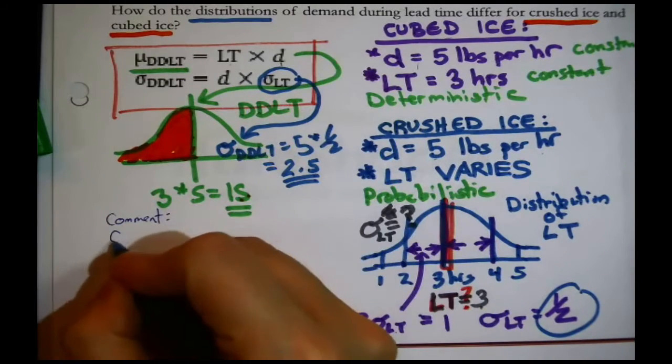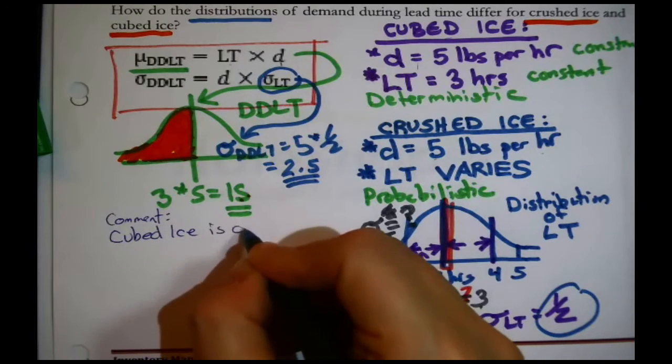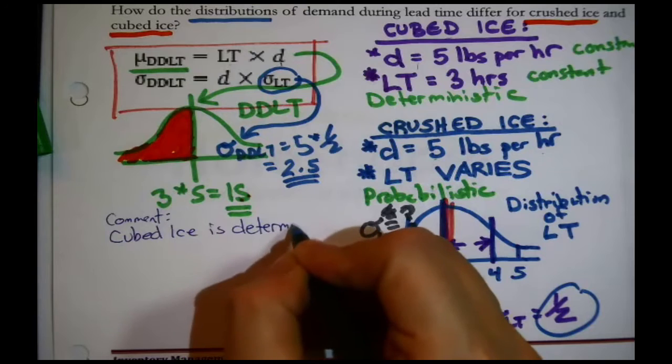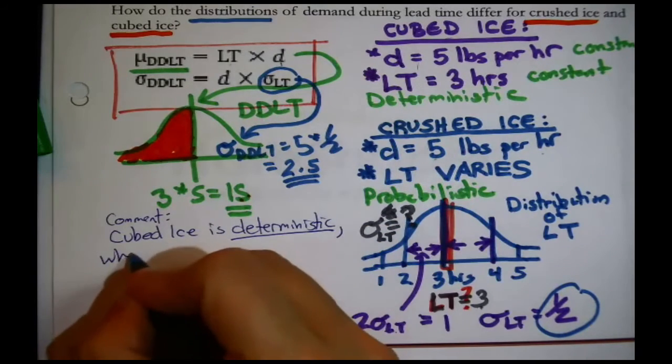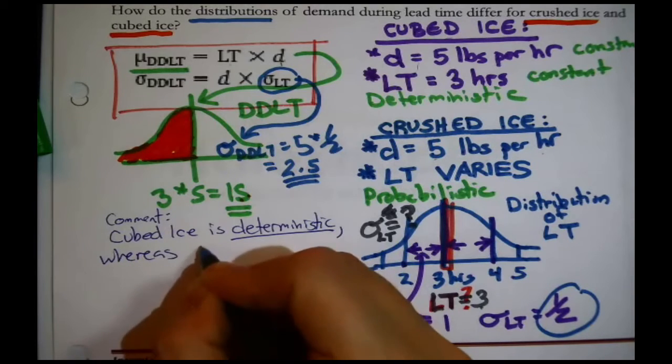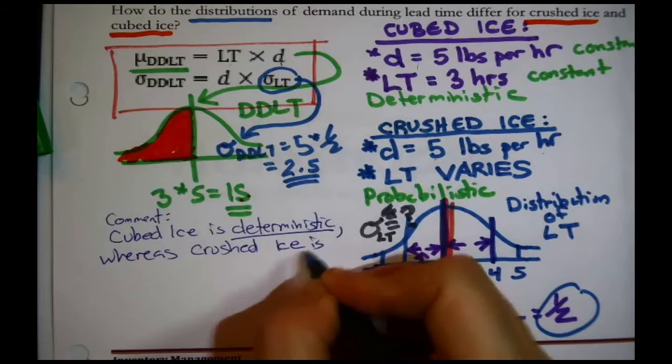Cubed ice is deterministic, whereas crushed ice is probabilistic.